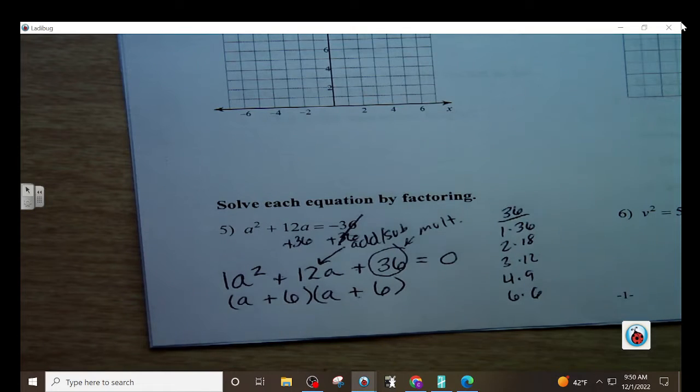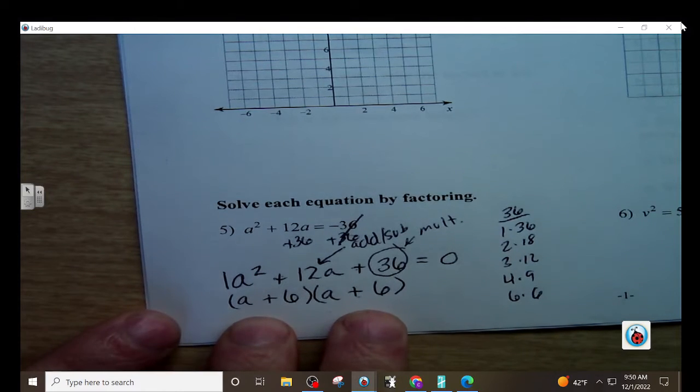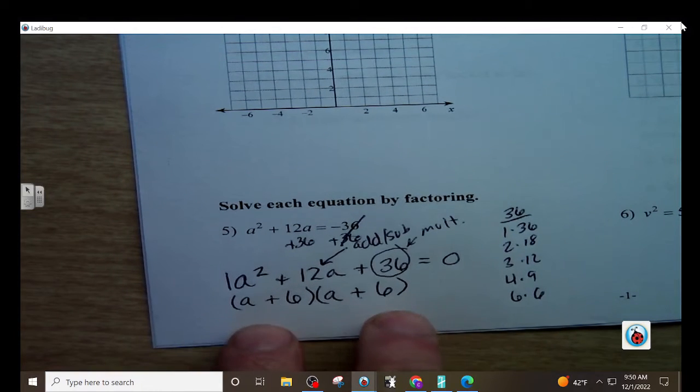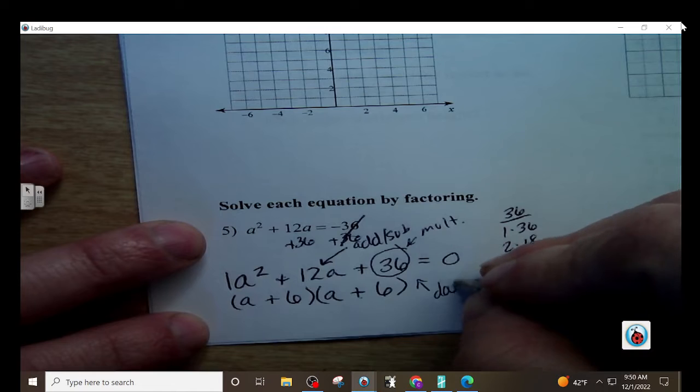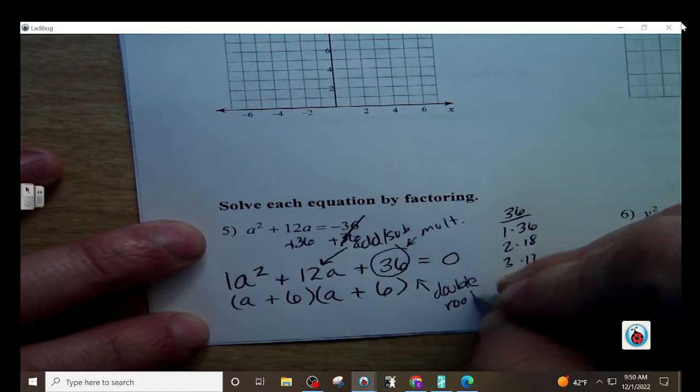Now, guys, I do want to talk about this particular problem because it will come back later as you go through Math 2 and things. Does everybody notice that these binomials are the same, right? A plus 6, A plus 6. What that means is this has a double root.